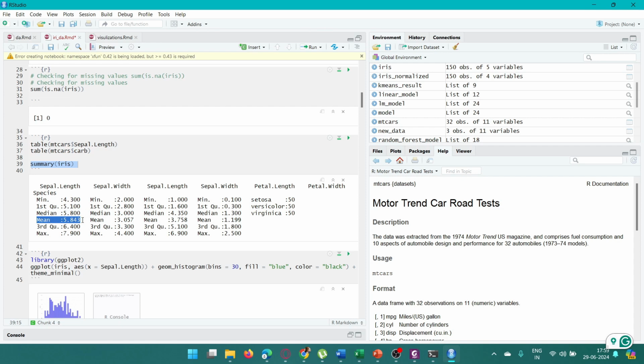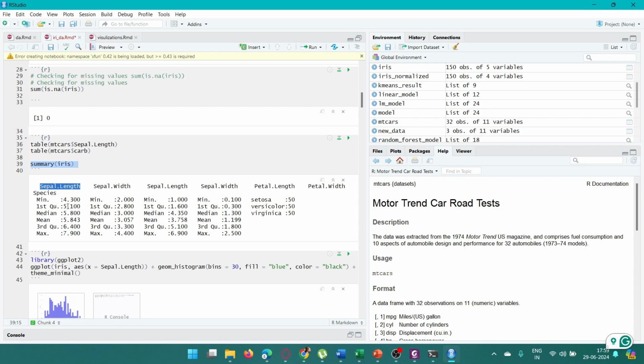The mean value is 5.843. That means on average, the sepal length of the data set is taking 5.843 centimeters. The third quartile is 6.4, and the maximum value of sepal length is 7.9. So you can see that the minimum value is 4.3 and the maximum value is 7.9, so the range taken by the sepal length is displayed.